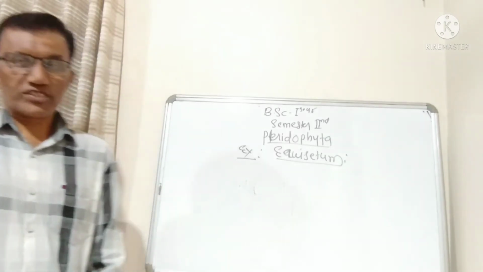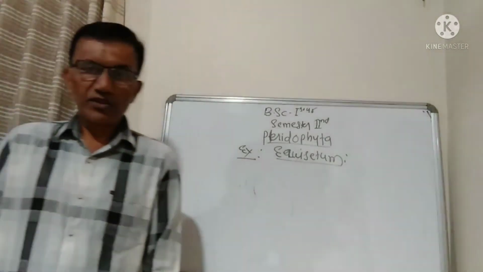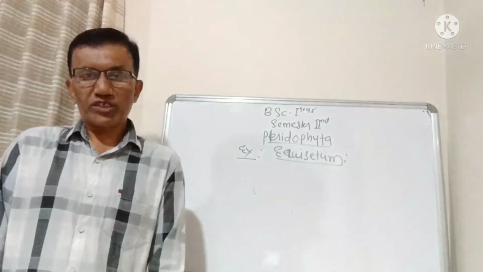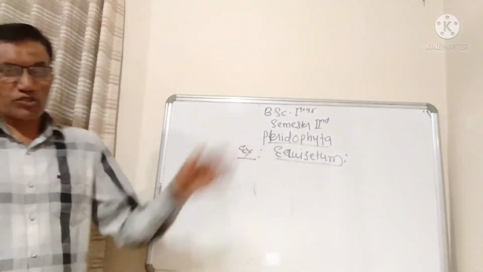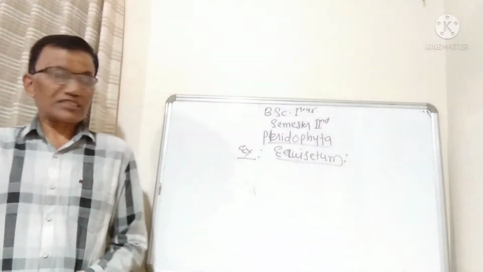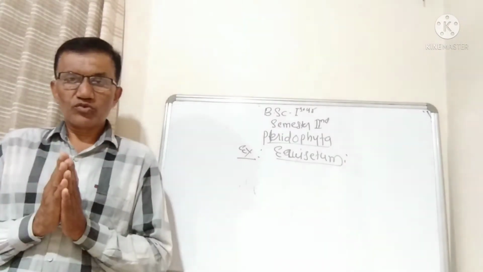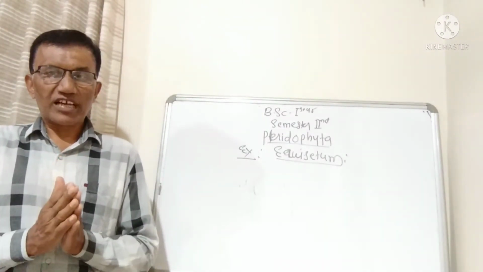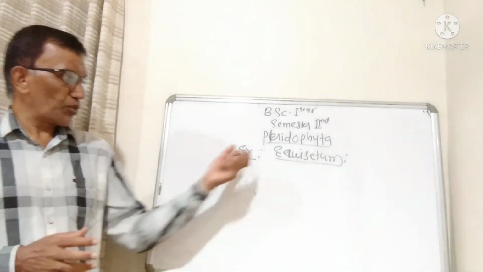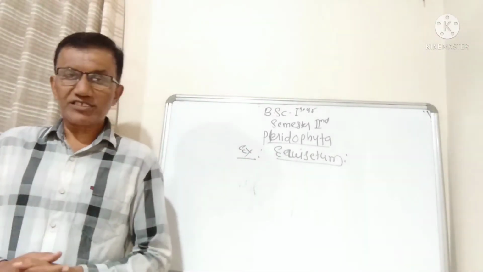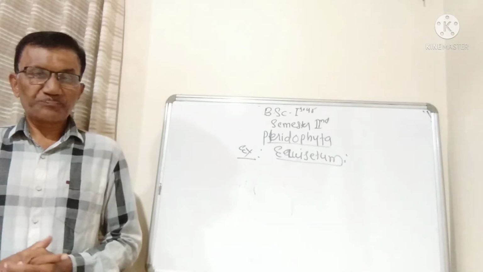Then multiplication, how it multiplies. These things are very important. Today I'm not going to explain in detail. I just want to give a slight idea, or certain important points of Equisetum.